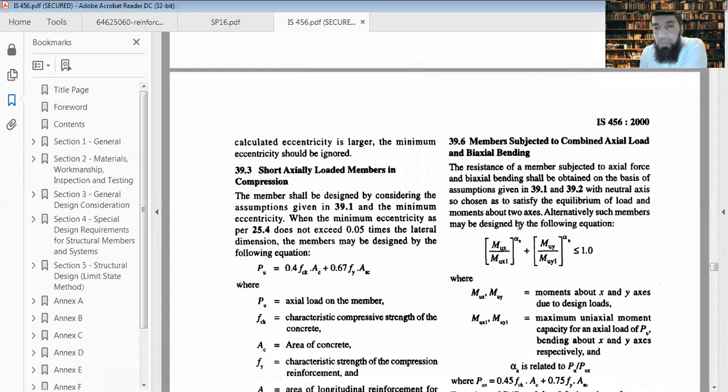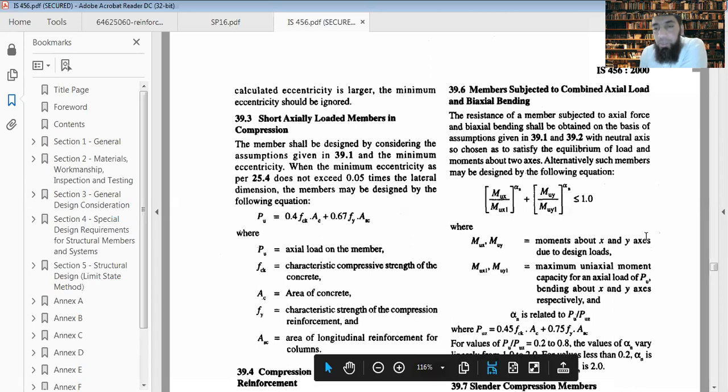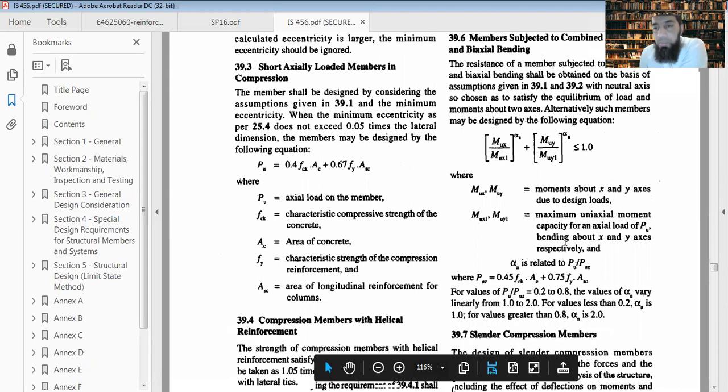Such members must be designed by following the equation: Mux by Mux1, where Mux is the moment about x and y direction due to design load, and Mux1 and Muy1 are the maximum uniaxial moment capacity, which we calculated last time by analysis, for an axial load of Pu bending about x and y axes respectively.